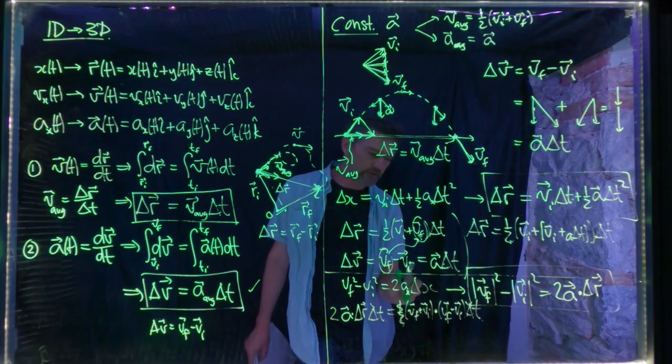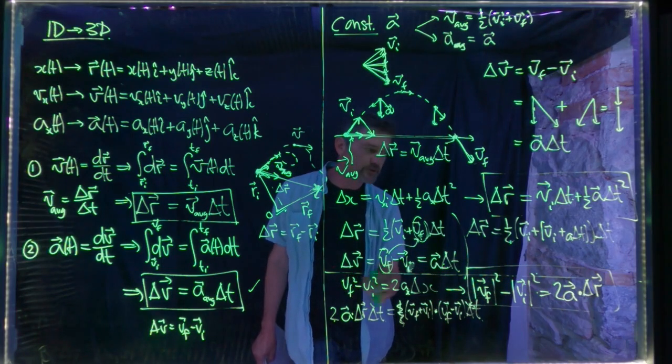Okay, so then we have v final dot v final, that's the magnitude of v final squared, minus v final dot v initial, plus v initial dot v final, those two terms cancel, and then minus v initial dot v initial, minus the initial speed squared, the magnitude of the initial velocity squared. So this reproduces the left-hand side, and then we have 2 times the vector acceleration times the vector displacement delta r.